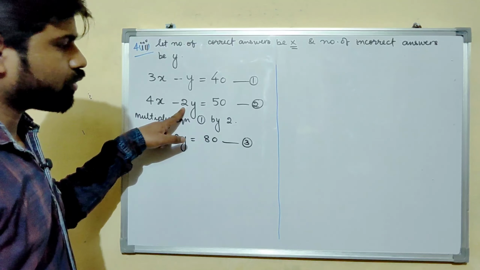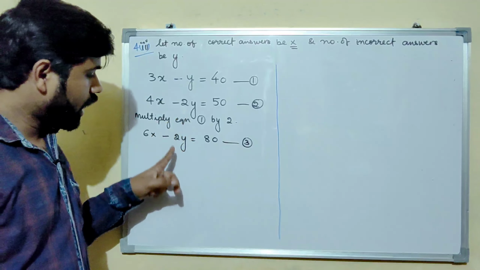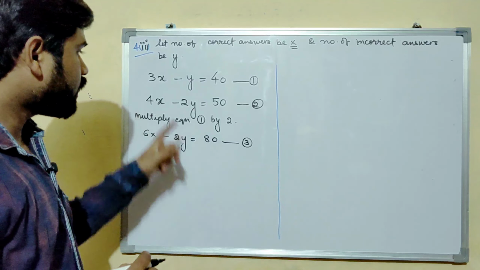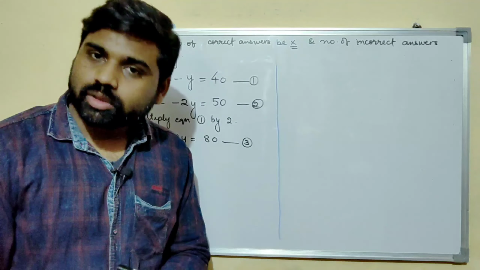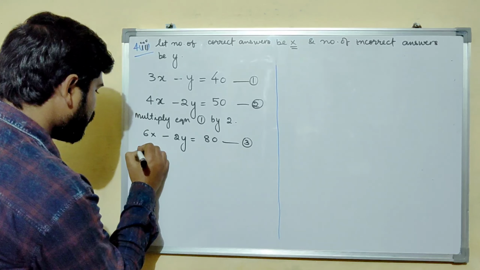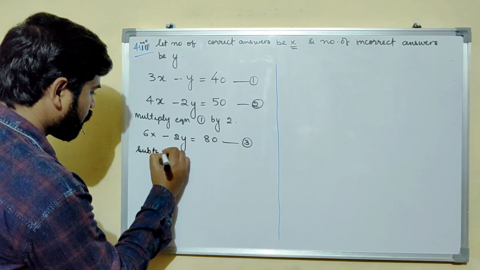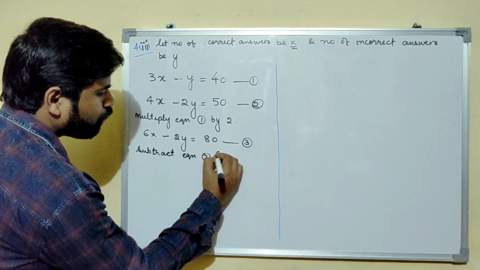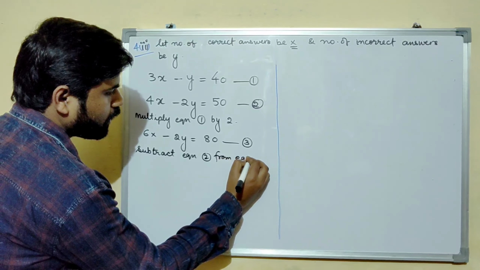Now you can see that the coefficient of y in the second equation and in the third equation is the same, and the signs are also the same. That means we have to subtract. So subtract equation 2 from equation 3.